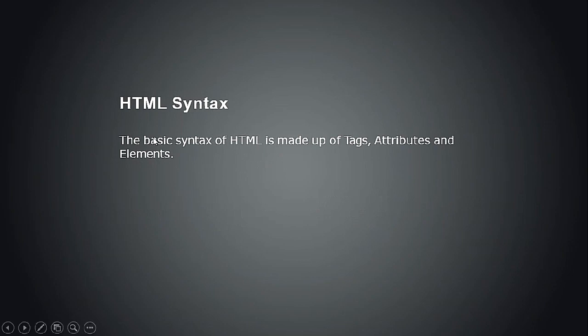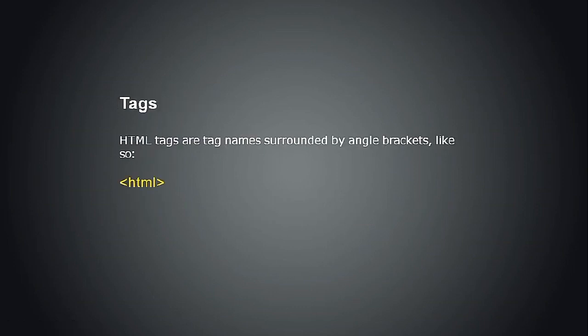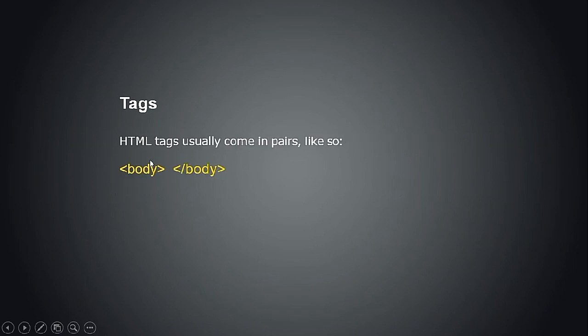Now HTML syntax. HTML syntax basically consists of tags, attributes and elements. Tags. HTML tags are the tag names which consist of angle brackets, which means here HTML is the tag name and these two brackets together are known as tags. Now HTML tags usually come in pairs.